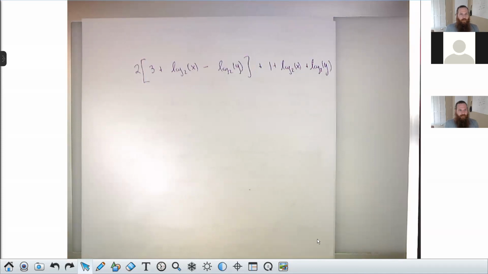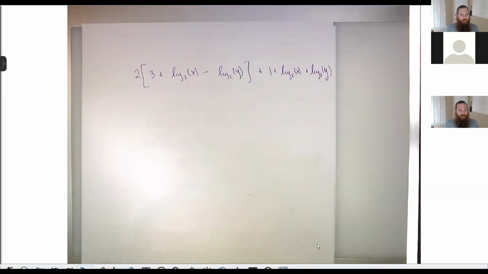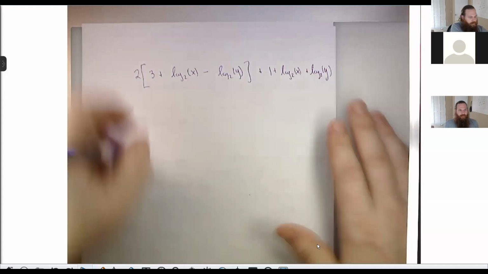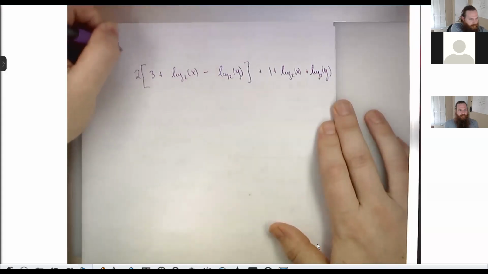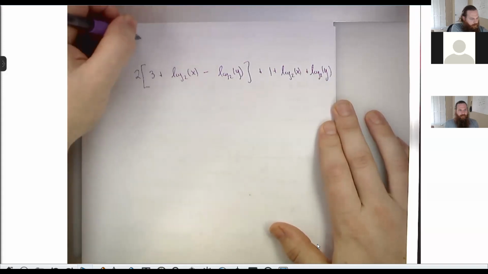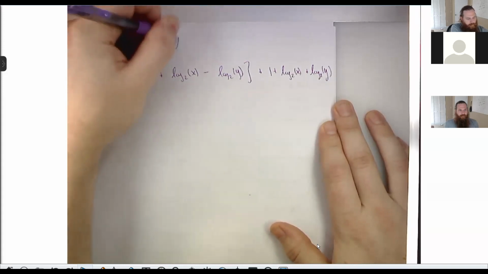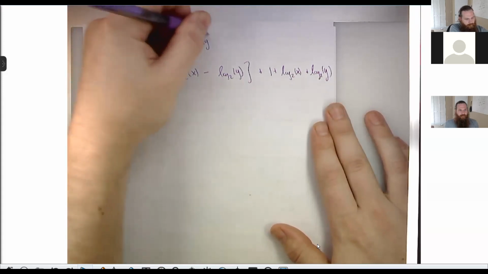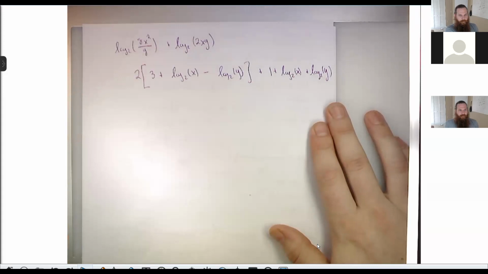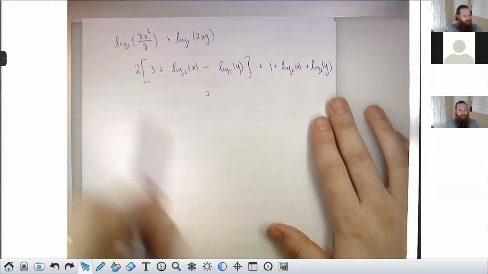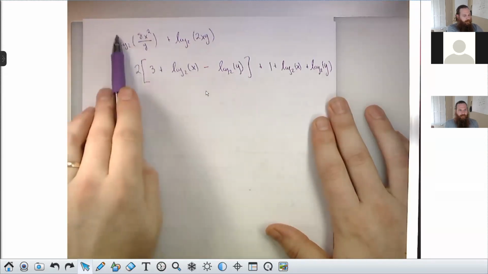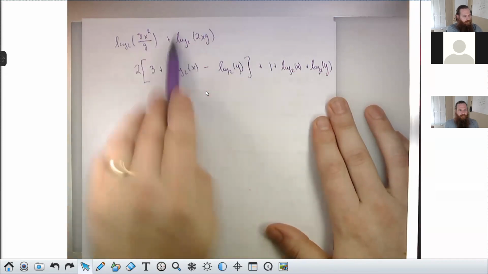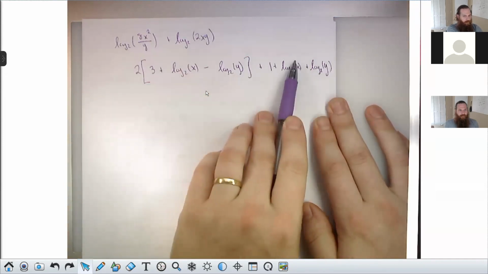So you guys were working on part B here. Let's see, I'll write this down and then maybe you can walk me through your steps. So we had the base 2 log of 8x squared over y plus the base 2 log of 2xy. So this first piece becoming this expression and this piece becoming this expression looks good.